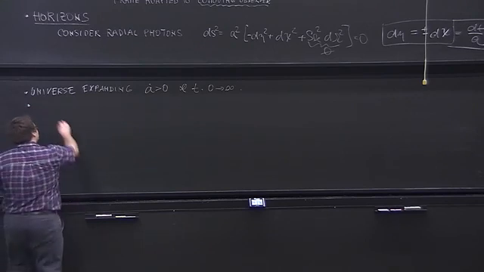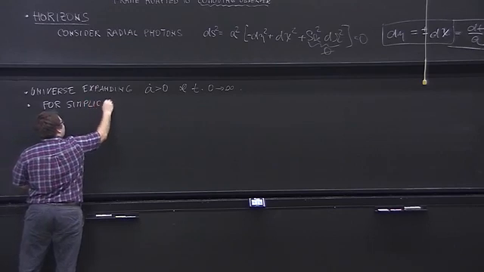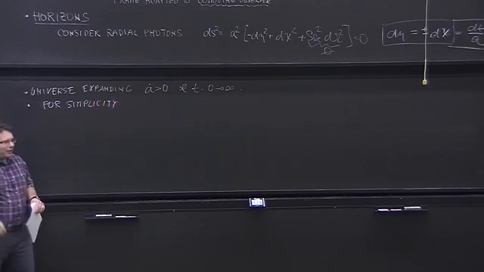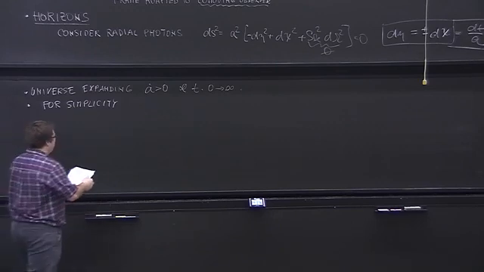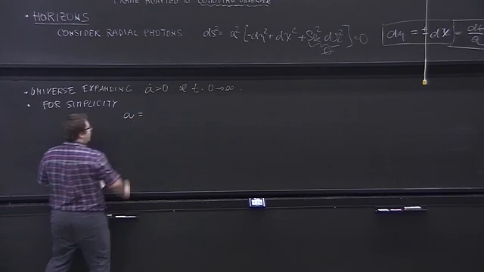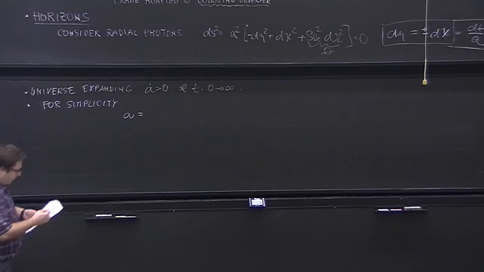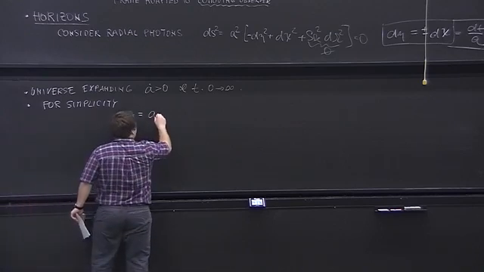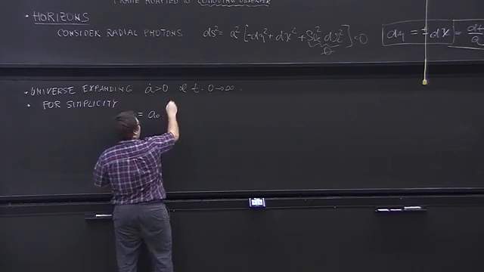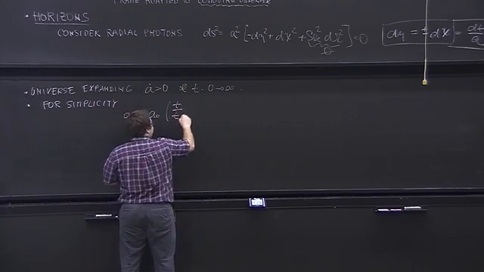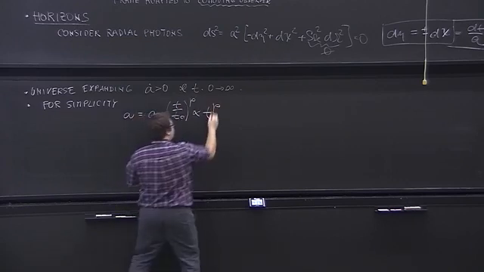Now let me consider, for simplicity, and I'll show you that actually this is almost a general case. But at this point, I haven't justified that, so just believe me, or take this as a simplifying assumption. Let's assume that my scale factor actually behaves as a polynomial in time. It will be given by some scale factor at some time t0, maybe now, and then t over t0 to some power p, which is proportional to t to the power p.